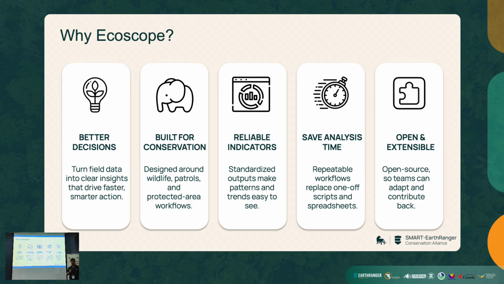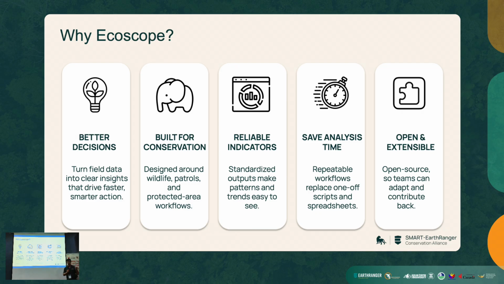Ecoscope is designed to help you to make better decisions with your data. It's built around the premise that you want to turn the data into actionable intelligence, actionable information for management, so that we can then take action and make change.